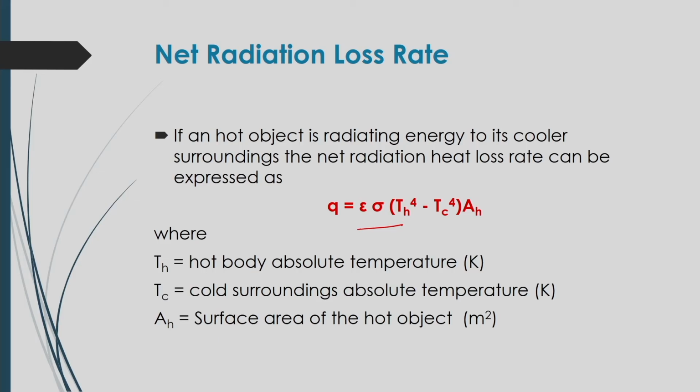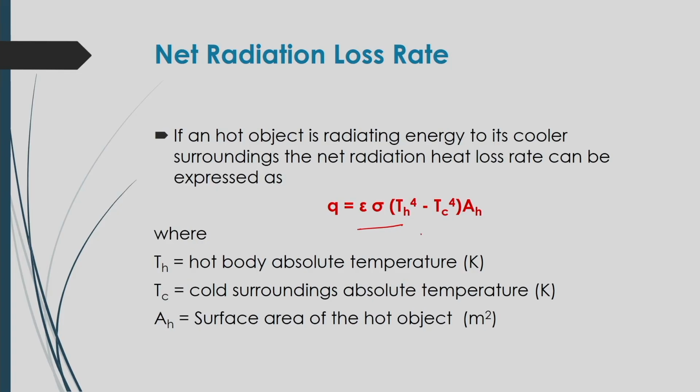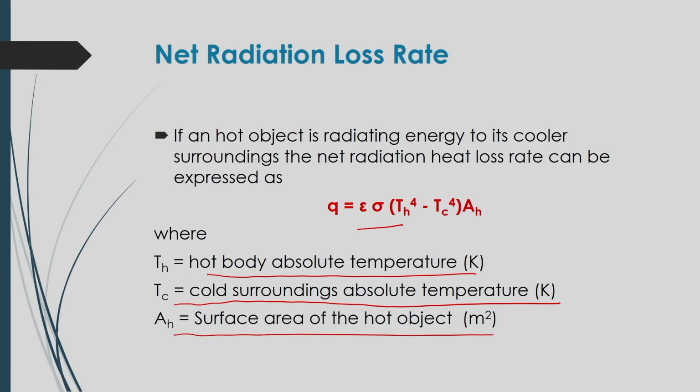In this case, you have to know the temperature of the two bodies, one the hot body and the other the cold body. Based on that temperature difference, you can calculate the radiation heat transfer rate. Here Th is the absolute temperature of the hot body, Tc is the absolute temperature of the cold surroundings, and Ah is the surface area of the hot object.